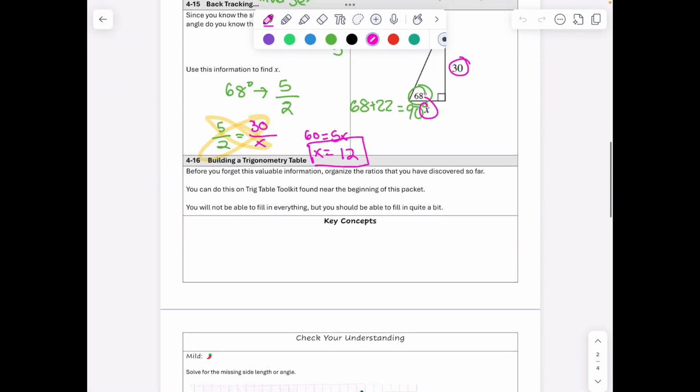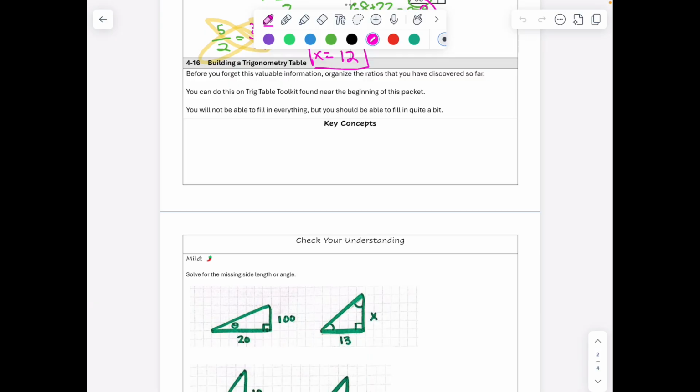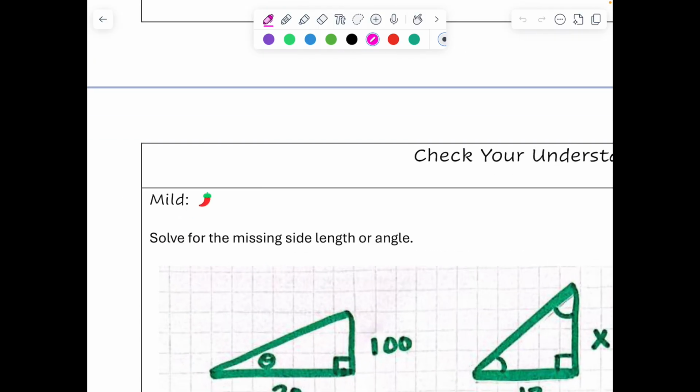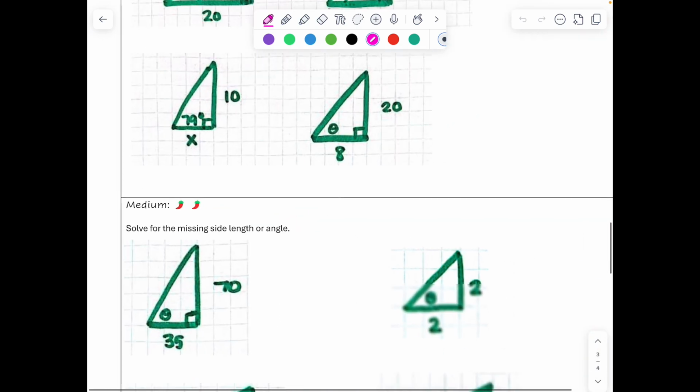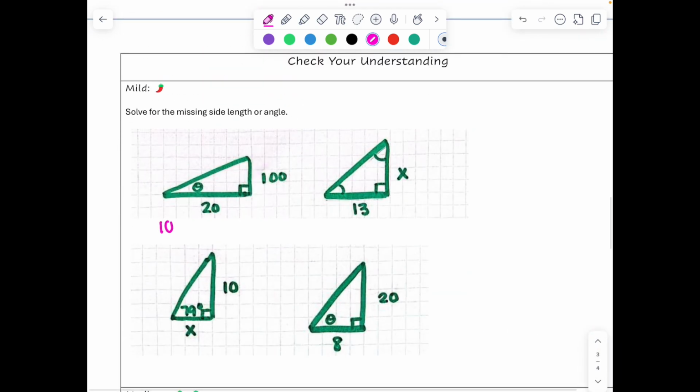And then moving on to the check your understandings. 100 over 20 simplifies to 5 over 1. And we know that's the ratio for a 79-degree angle.